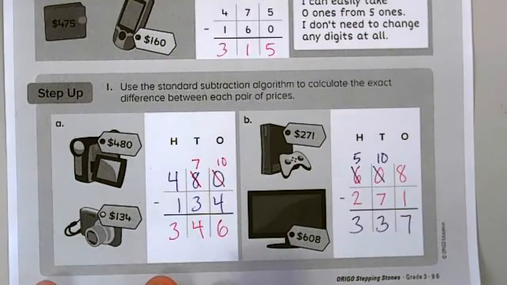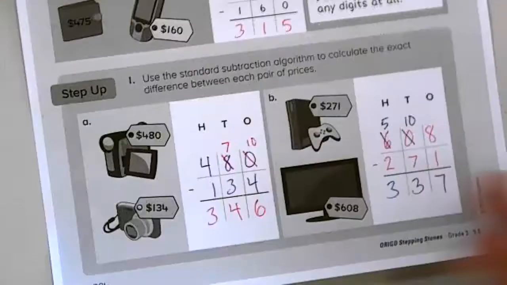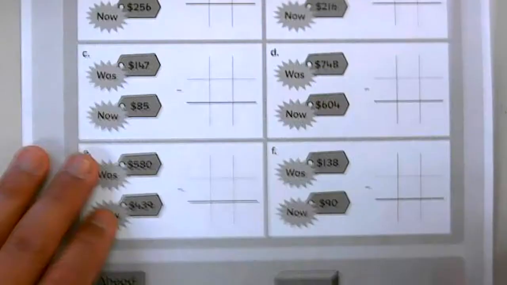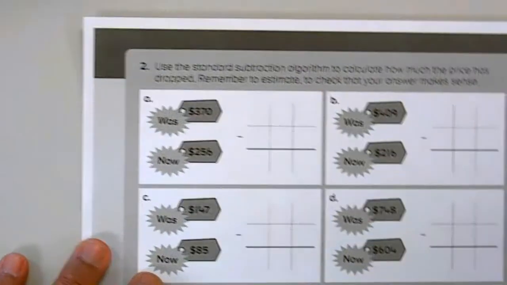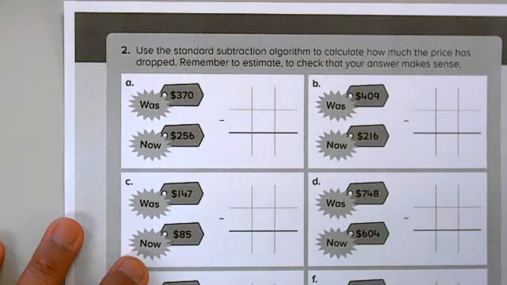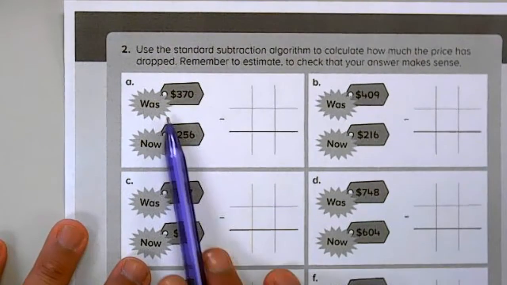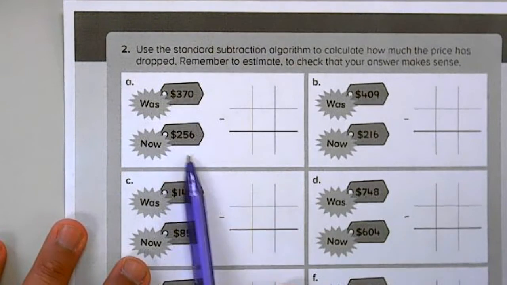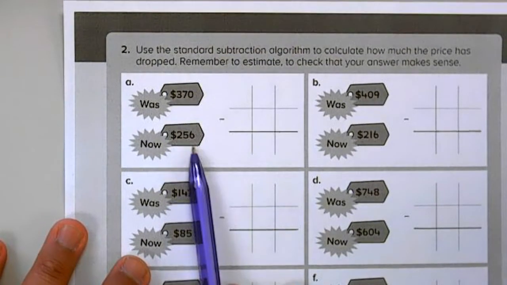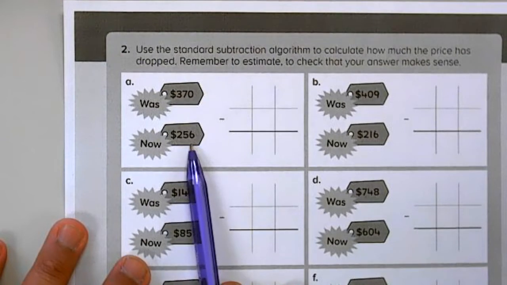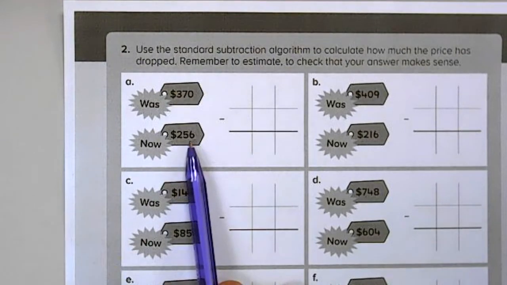Okay. I did the step up with you. I want you to look at the next page. It says use the algorithm to calculate how much the price has dropped. So we didn't know what the product is, but it was 370. Now it's 256. And so it says we need to see the difference.